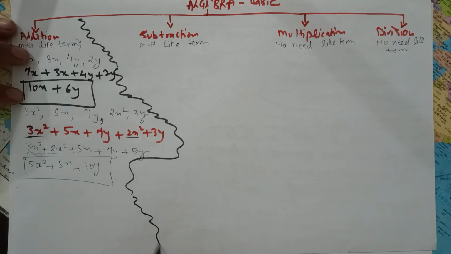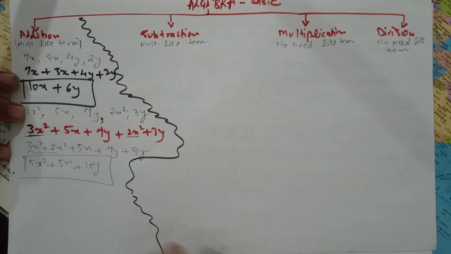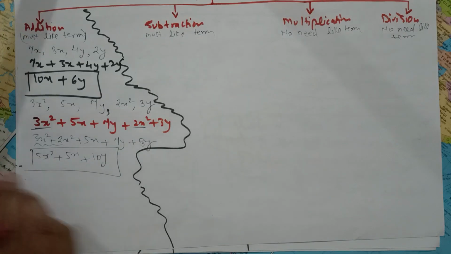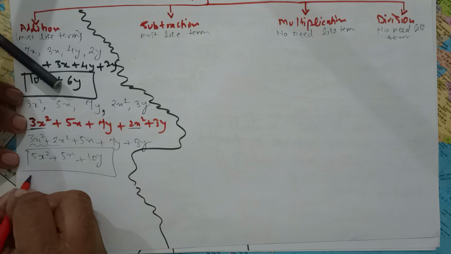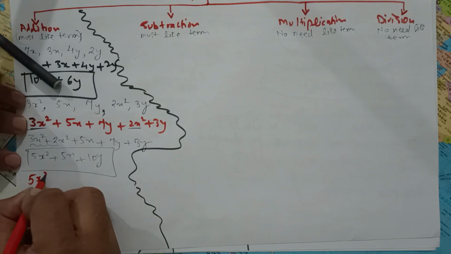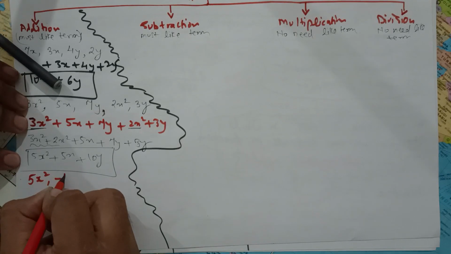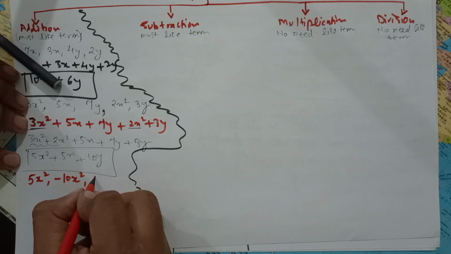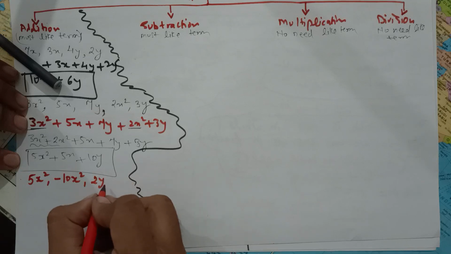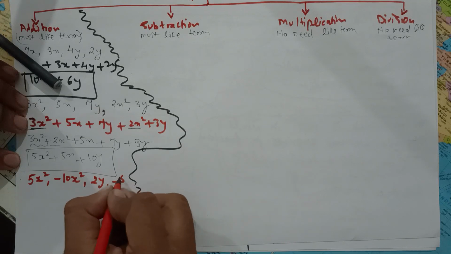Okay, we will take more terms to understand in a better way. Like I'm writing 5x square minus 10x square, 2y, comma, minus 5.